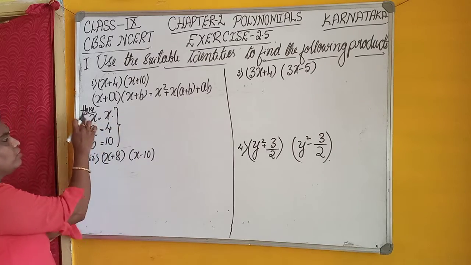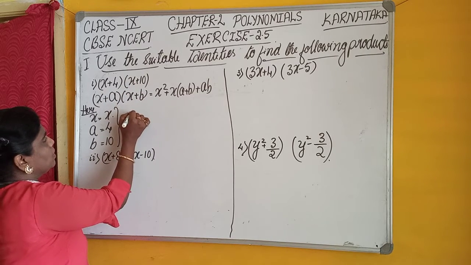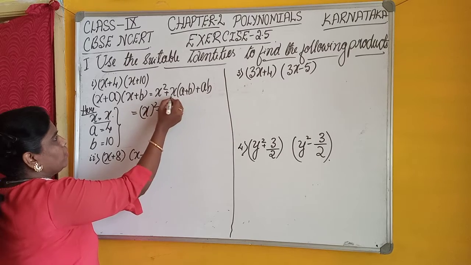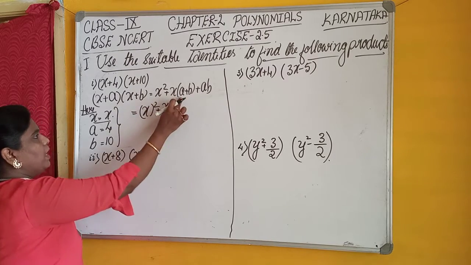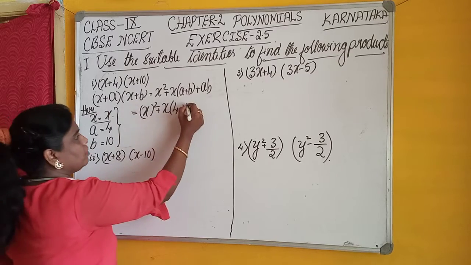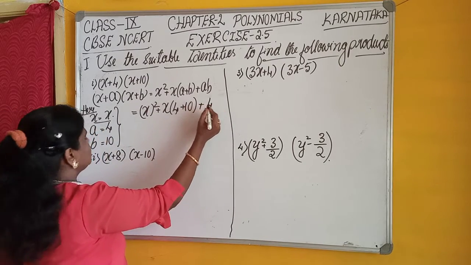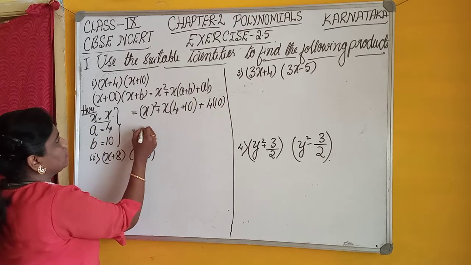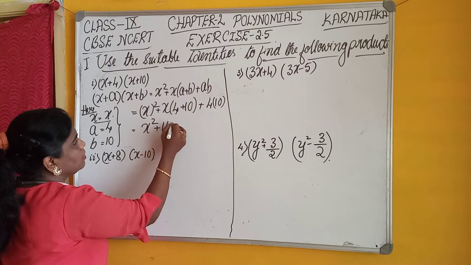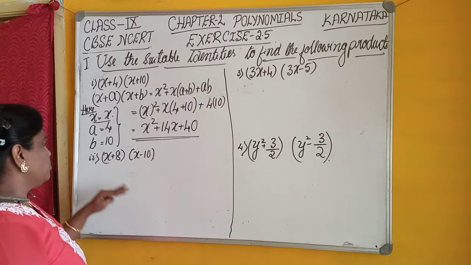Substituting the values of x, a, b in this formula, x plus 4 into x plus 10 is equal to x square plus x into (a plus b), where a is 4 plus b is 10, plus ab, which is 4 into 10. That is equal to x square plus 14x plus 40. Okay, understood? Next, move on to the next problem.